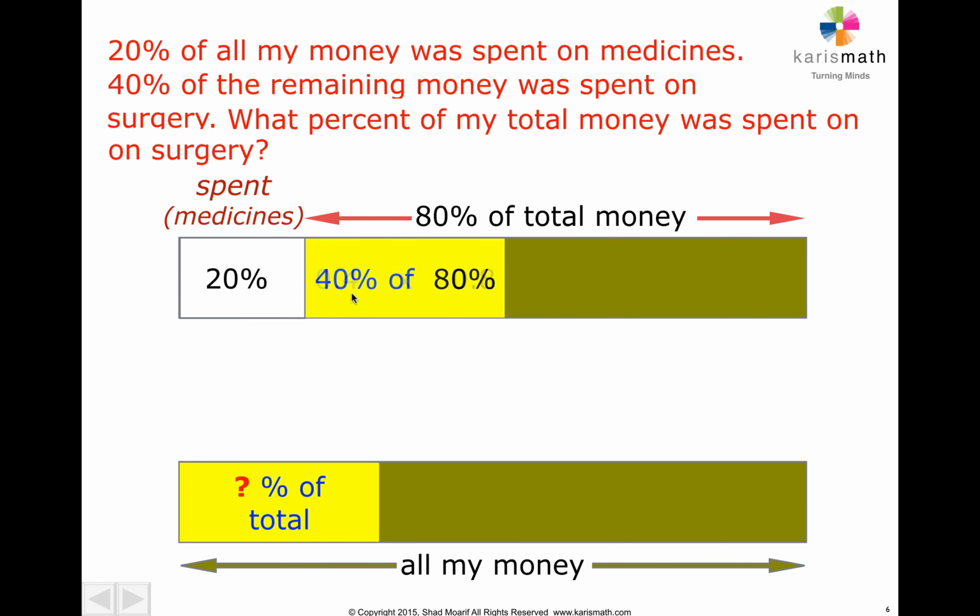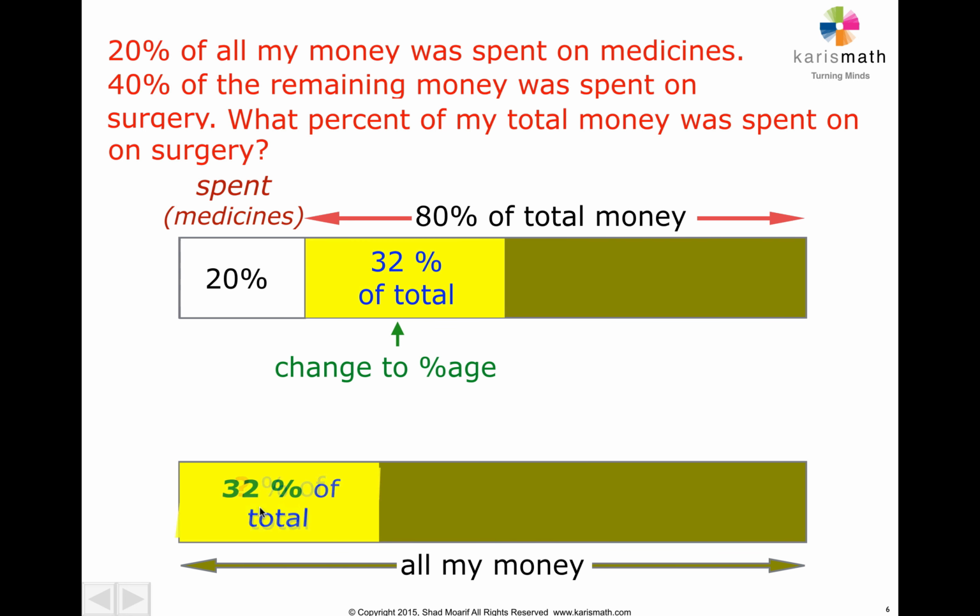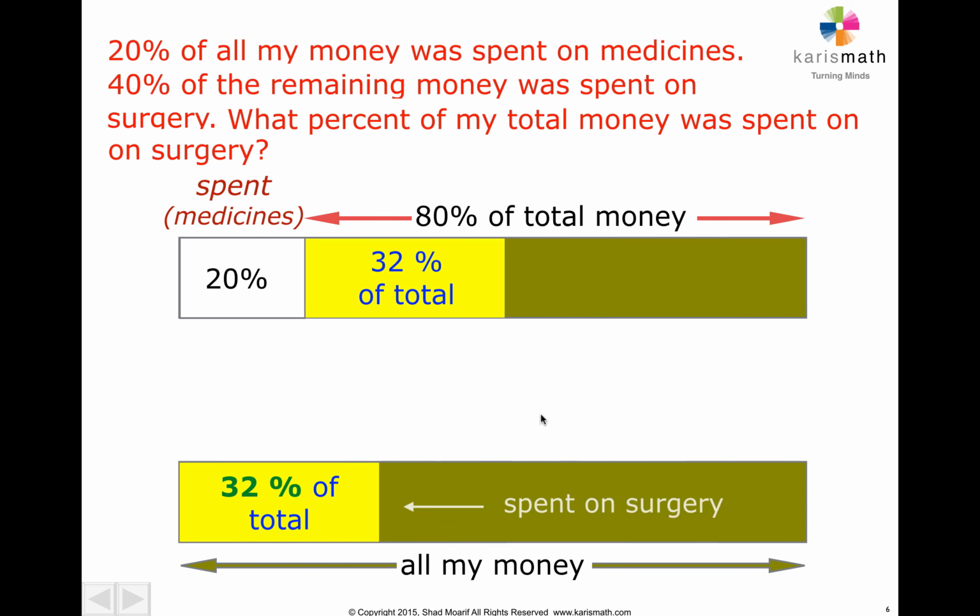And we can work that out by turning these into decimals, multiplying the two, and changing them back to percentage, and we get 32%. That means this is 32% of the total amount of money, which was spent on surgery. And there's your answer. So there's one way of looking at it.